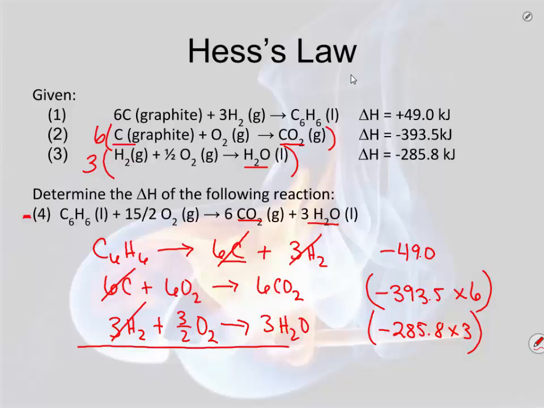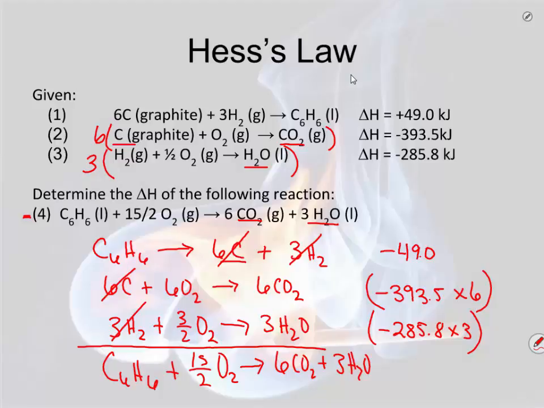So I'm left with C6H6 plus, I'm going to add together all of these oxygens. So we have 6 plus 3 halves, so that would give us 15/2 O2 plus 6 CO2s and 3 waters.